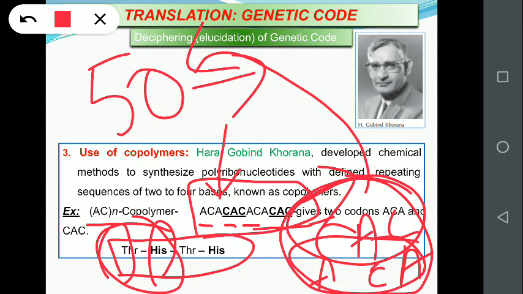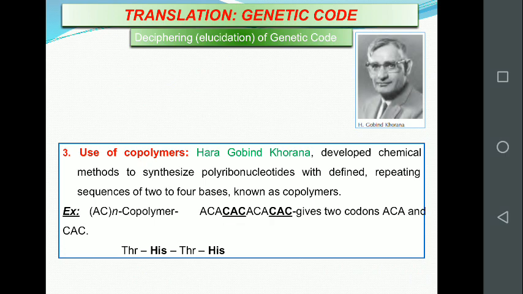So here he is using the information which was the result of the first experiment and the second experiment. That means it is not an independent experiment. It uses the information from the earlier experiments. So by using some information, he is able to find out the remaining information. In this case, he assigned CAC for histidine and ACA for threonine.